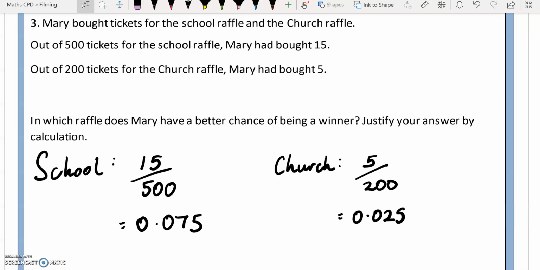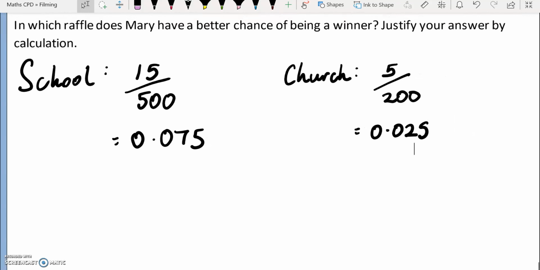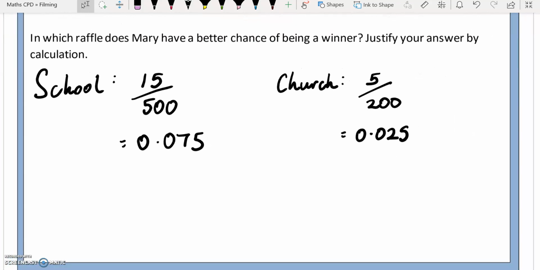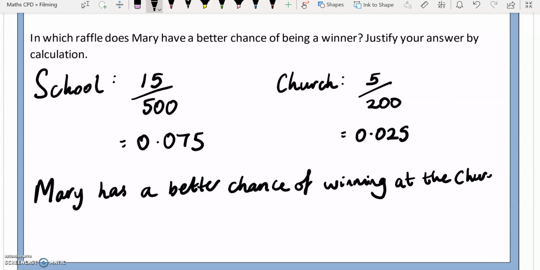So if we have a look here, the school is 7.5% and the church is 2.5%. So Mary's got a better chance at the school. Mary has a better chance of winning at the school raffle. So that's me relating it to the question.